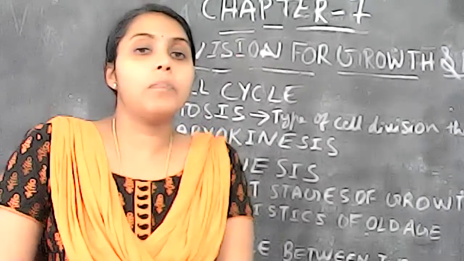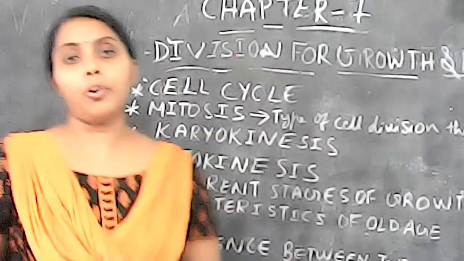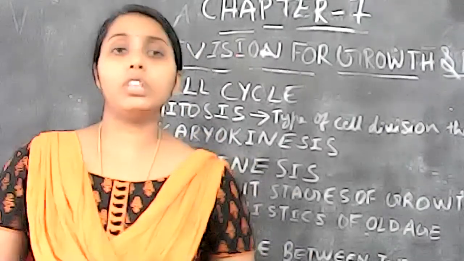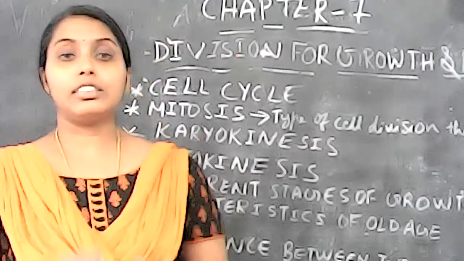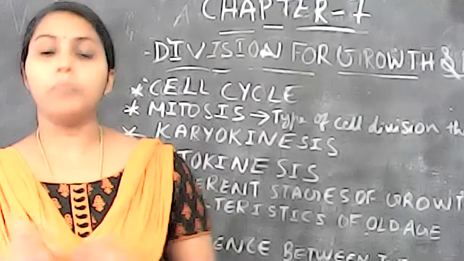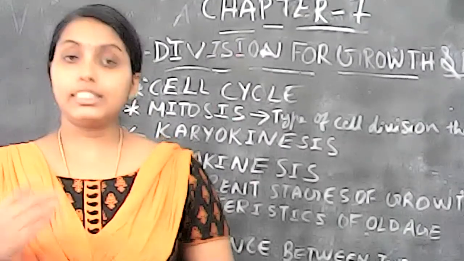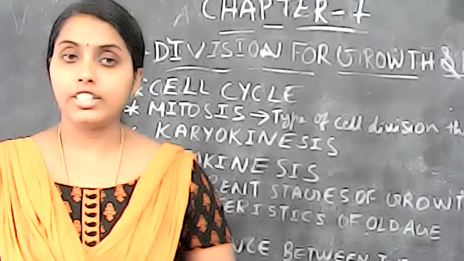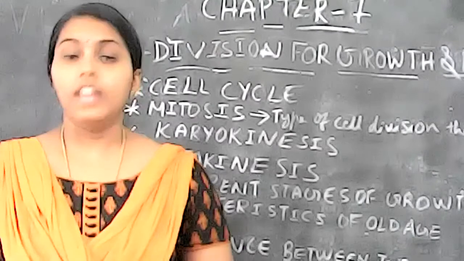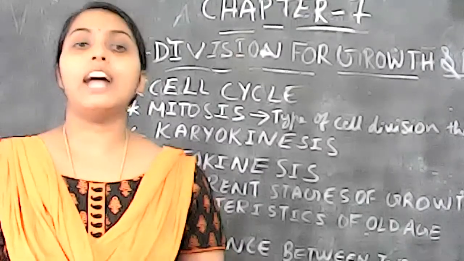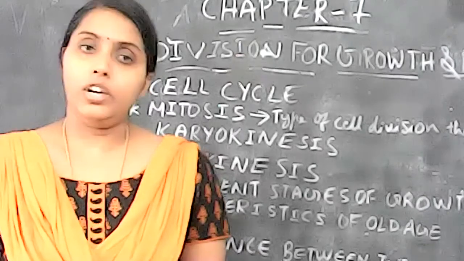Then we have studied the different stages of growth. The different stages of growth are the zygote, our first cell, which is the starting of life inside our mother's womb. After the zygote, the next stage is the fetal stage. Then comes infancy, then childhood, then adolescence, then adulthood, and the last stage is old age.